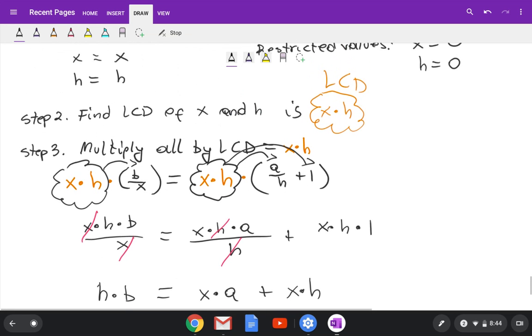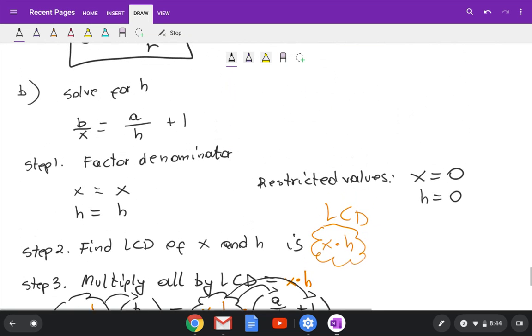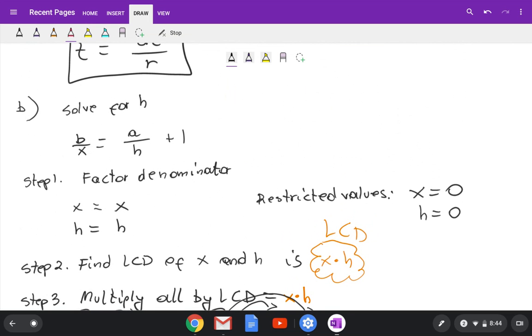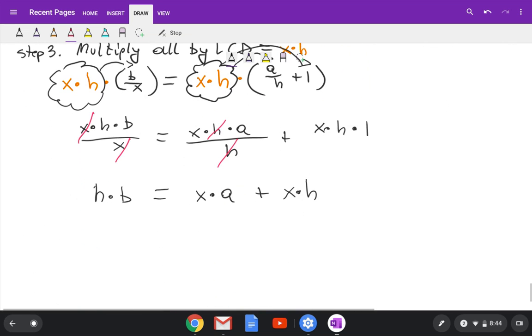And again, in this problem, we need to solve for h. So don't forget that we need to solve for h. So when you remove the fraction part, you want to solve for h. So what we're going to do with h? We're going to move h to the left side. This expression has h, so I'm going to subtract x times h from both sides.